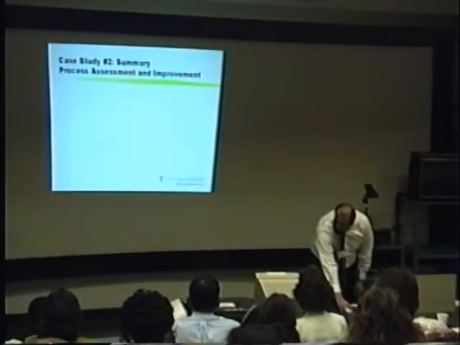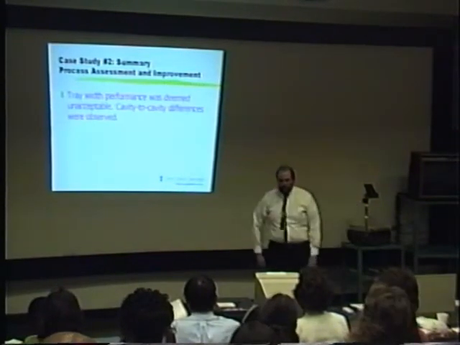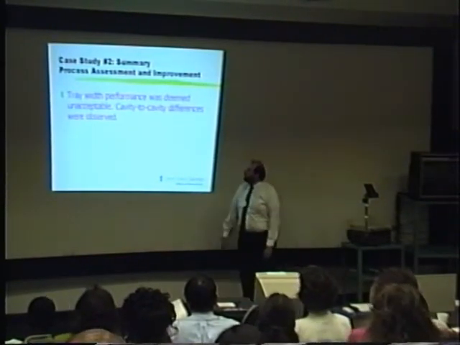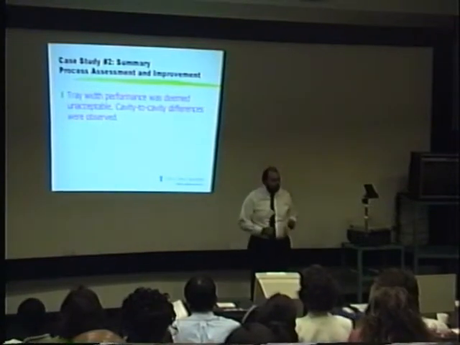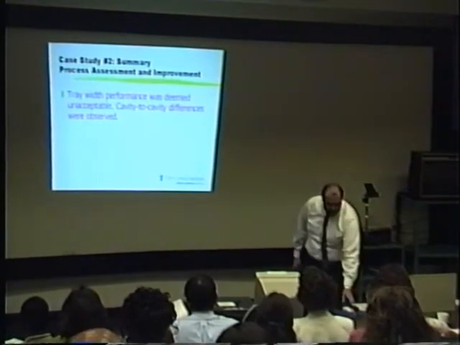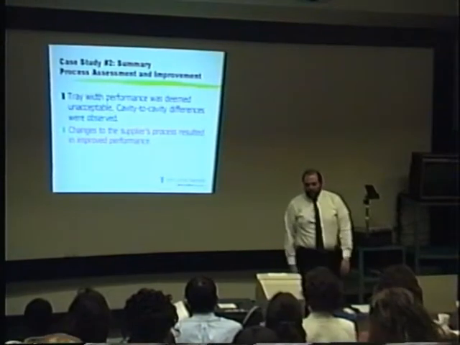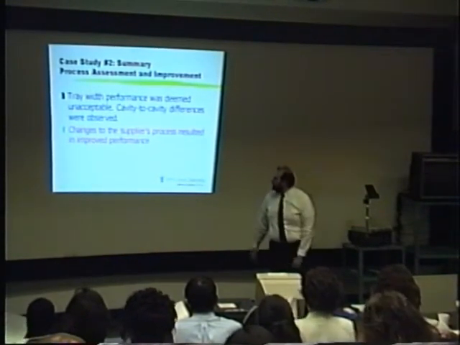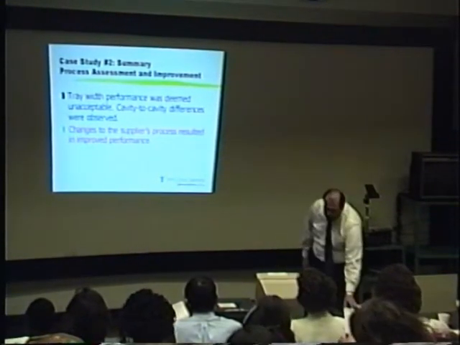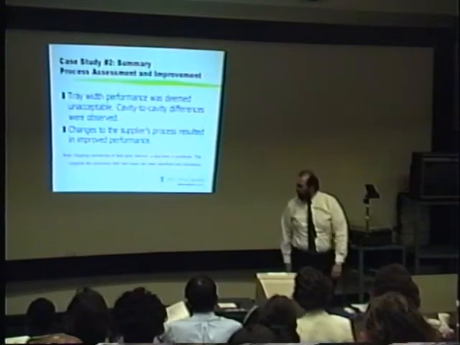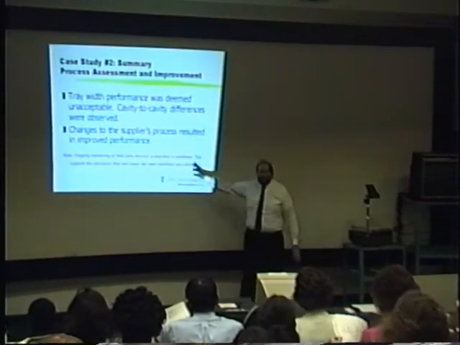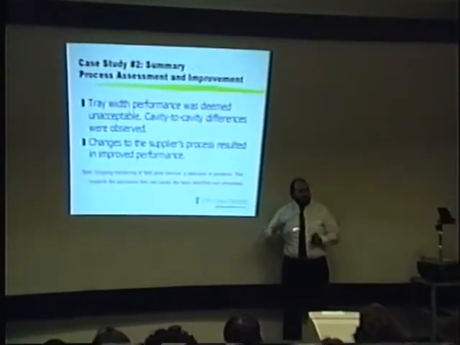Okay, in the interest of time, I'm just going to go on to the summary. Tray width was deemed to be unacceptable. Cavity differences were observed as a result of looking at the first sample that we had looked at. The supplier did make some changes, and those did appear to result in improved performance. And also, once again, as with the first case study, there were other activities going on.